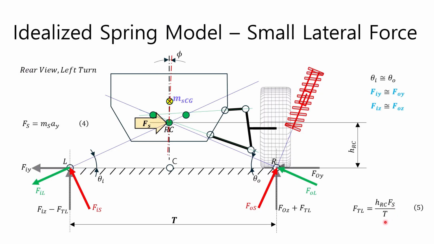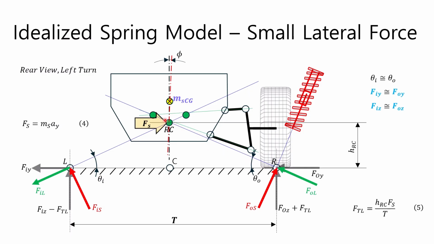The figure also shows the case when the lateral force is small and the suspension geometry does not change significantly compared to the static state, so the difference in the angle between the left and right tire contact points and the roll center with the road surface can be ignored. In this case, the difference in the magnitude of the forces acting on the left and right wheels can be ignored, and the load transfer is relatively small, so the kinematic roll center can be obtained as shown in the figure.